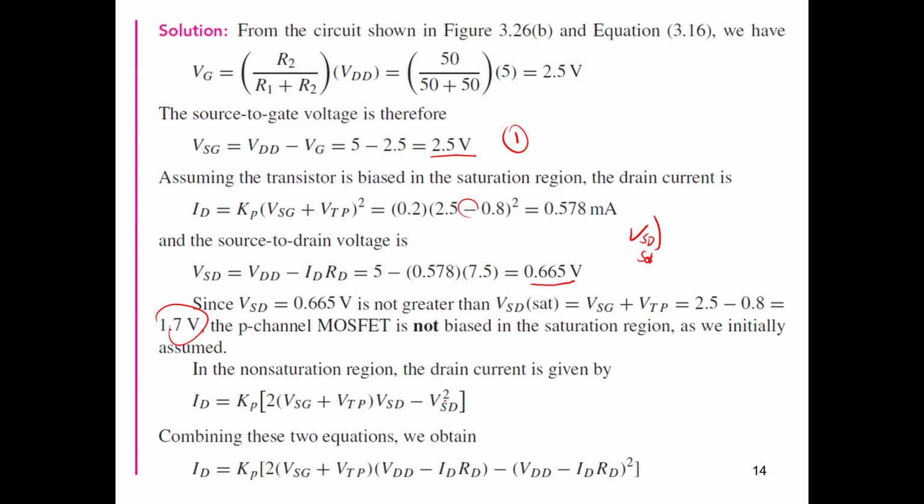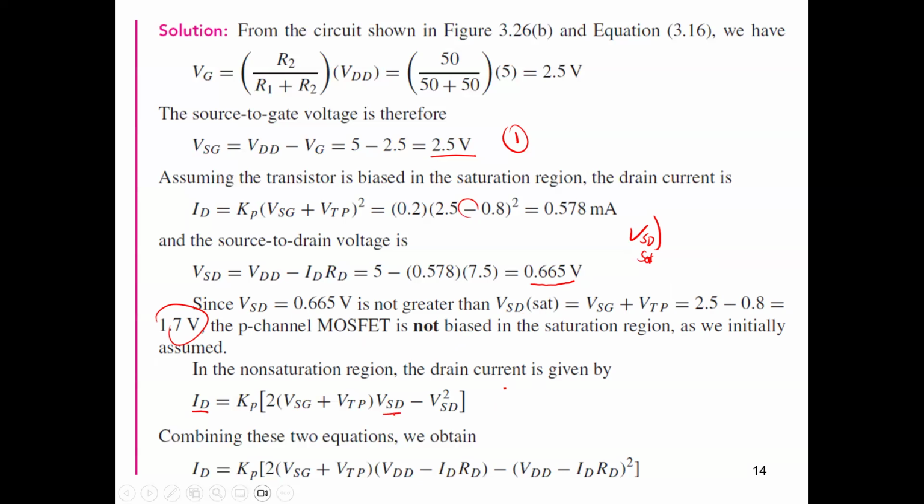So when you substitute in this relation, it will be a quadratic equation. And this quadratic equation has two unknowns. What are the two unknowns? ID is unknown, VSD is unknown.